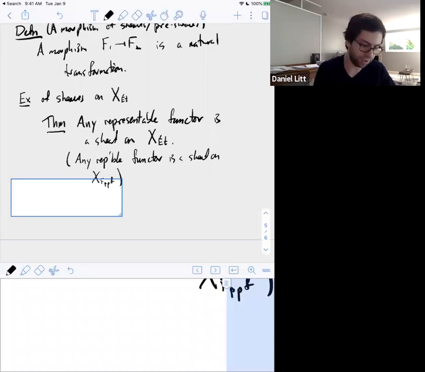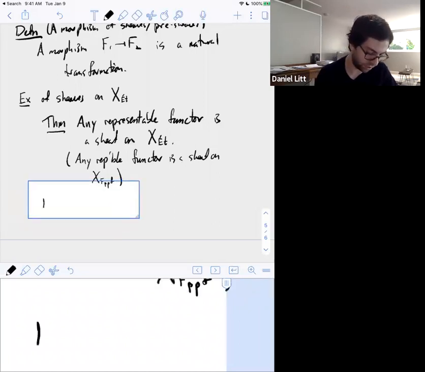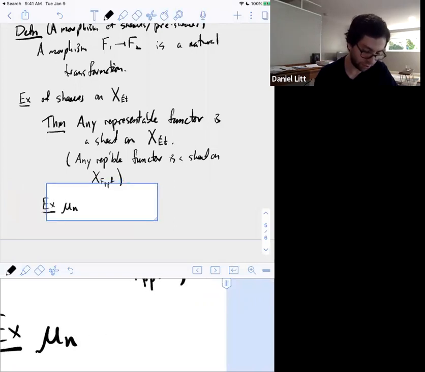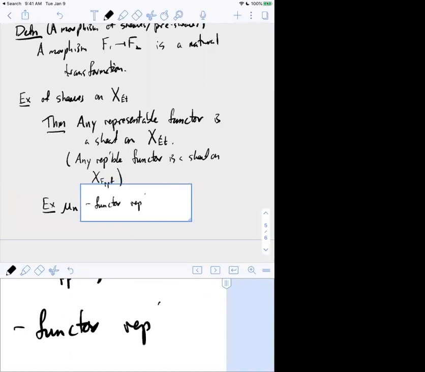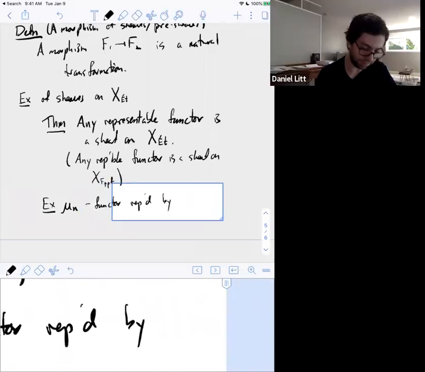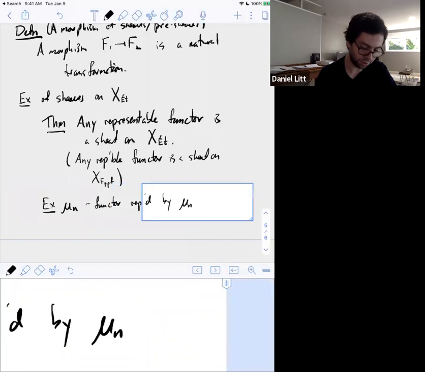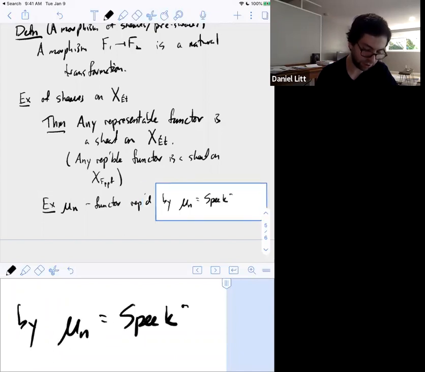So okay, so Arvind suggests mu_n as an example. So this is the functor represented by the scheme mu_n, which, if I'm working over K for some field K, is Spec K[T]/(T^n - 1).